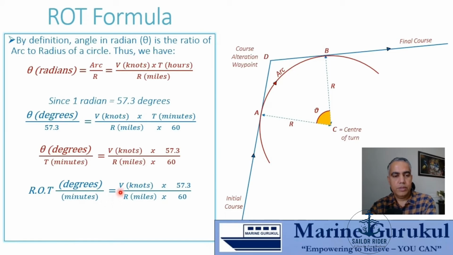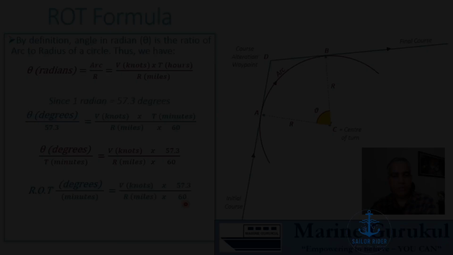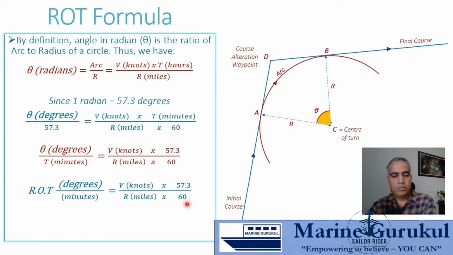This will be equal to V in knots divided by the radius in miles. V is multiplied by 57.3. Radius in the denominator is multiplied by 60. Now if you look carefully, the numerical terms which we have on the right hand side, 57.3 in the numerator and 60 in the denominator, are close to each other.